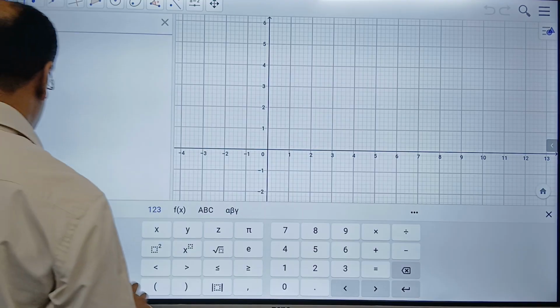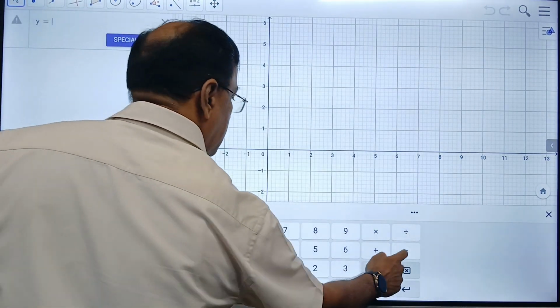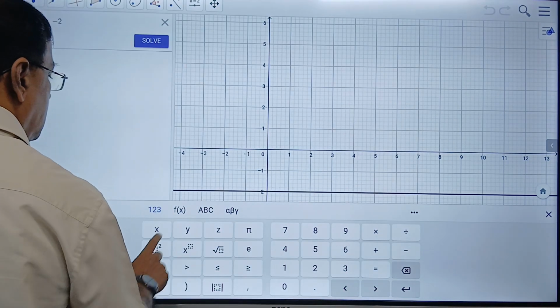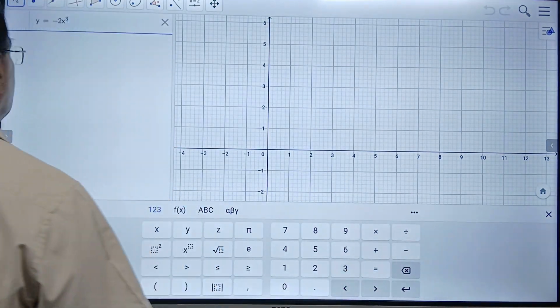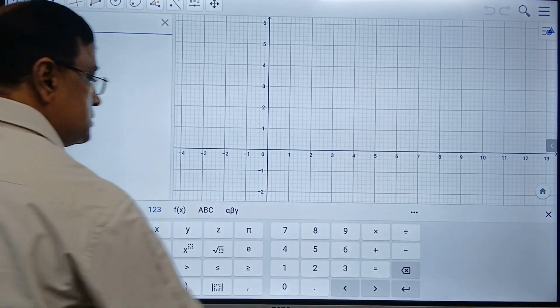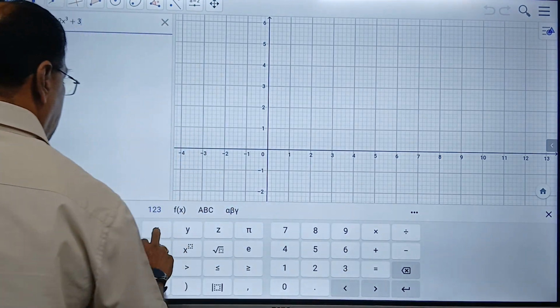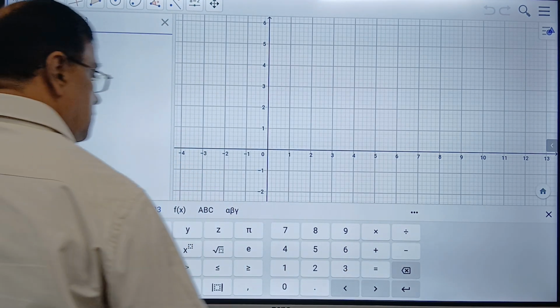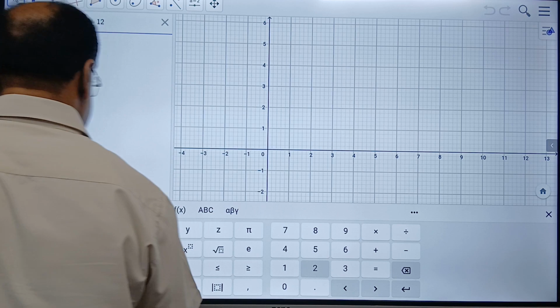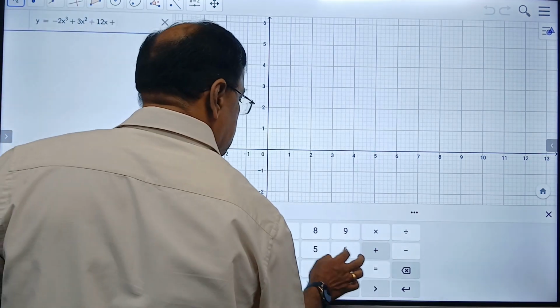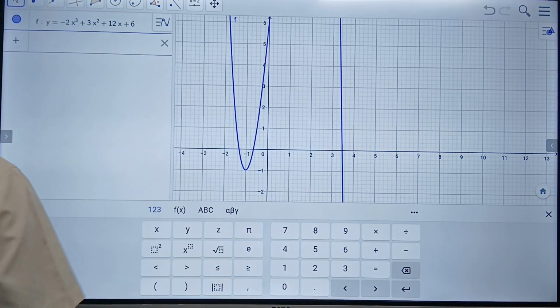Is it clear? Y equal to minus 2x cube plus 3x square plus 12x plus 6. So I got a graph here.